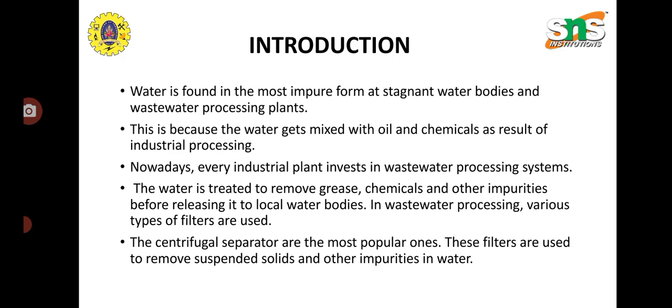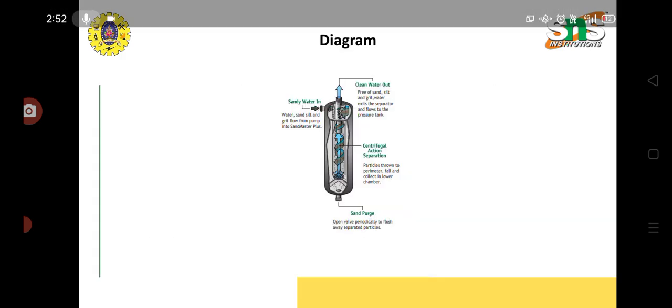So every industrial plant is investing in a wastewater processing system, and by means of the centrifugal separator we can remove the grease, chemicals and other impurities before releasing into the local water bodies. Centrifugal separators are the most popular, and these filters are used to remove suspended solids and other impurities in the water.